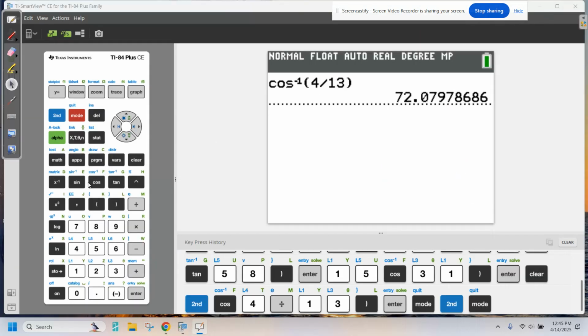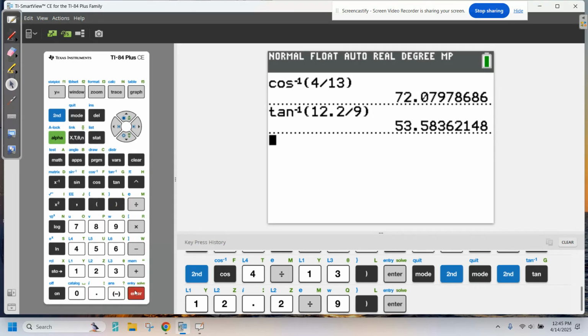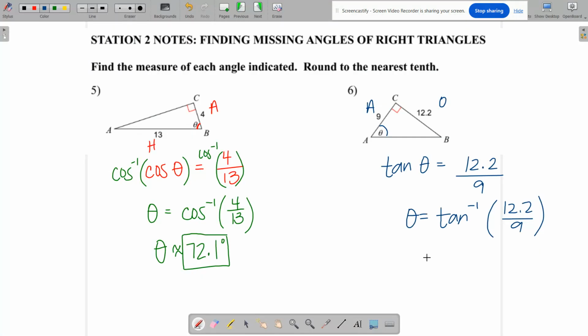So again, going to our calculator, the inverse tangent of 12.2 over 9, and we get about 53.58, so we'll round that to 53.6 degrees. Make sure you're putting degrees when you're labeling the measure of your angle.